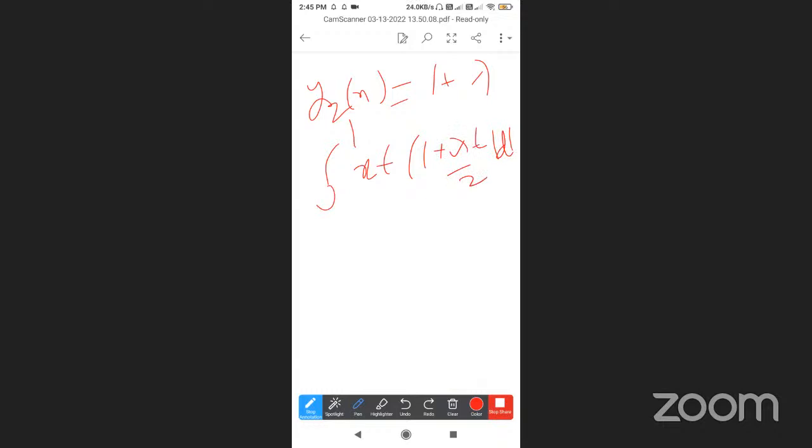Here x is a constant, so only t is integrated.